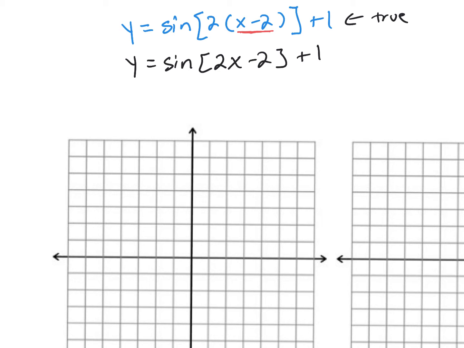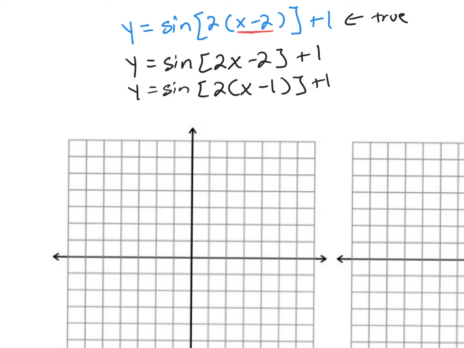The other one isn't completed because even though it's within that bracket, the 2 needs to be factored out between the 2x and the negative 2. So that one is actually y equals sine of 2 times (x minus 1) plus 1. So those are the two different types of equations.